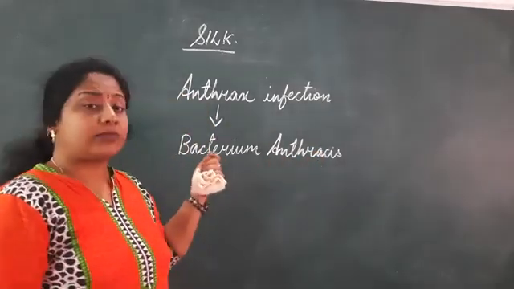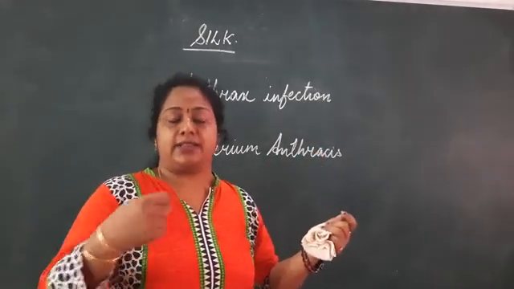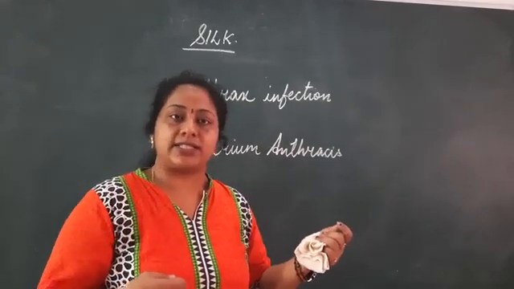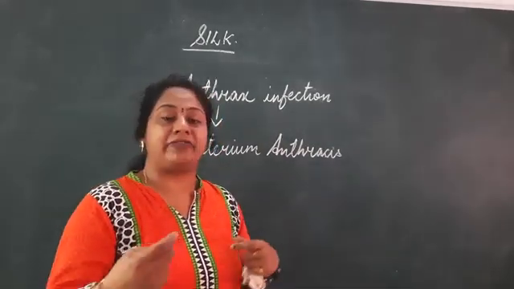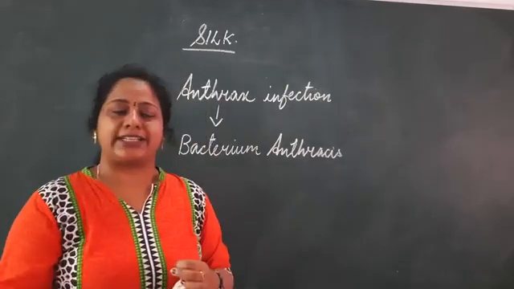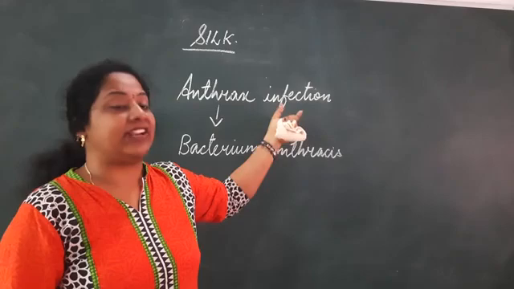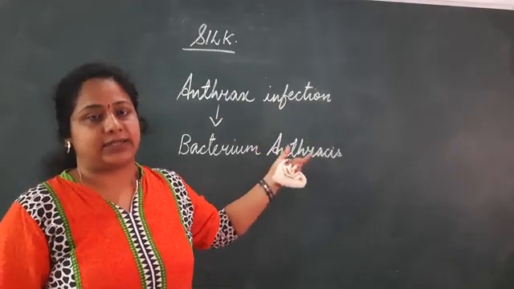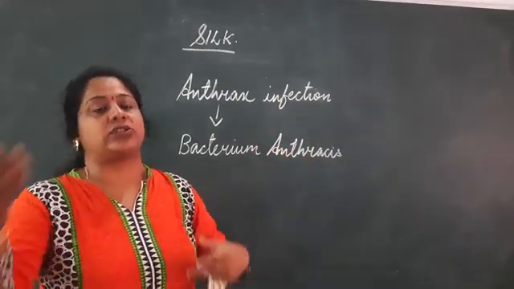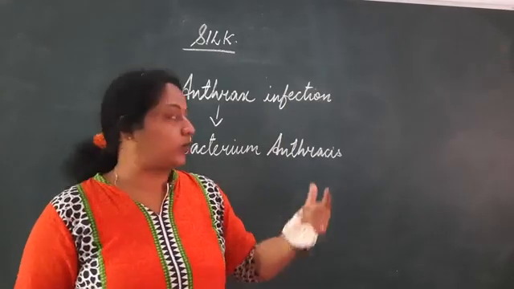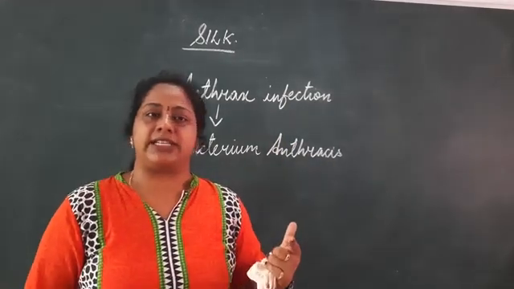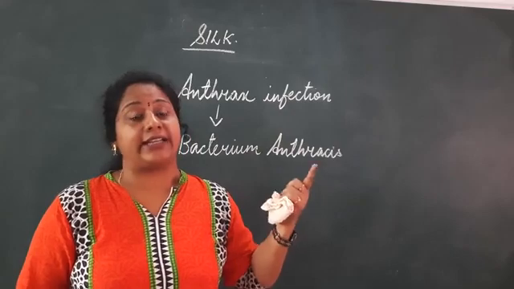So, when the workers are shearing that fleece, they get the infection. If the goat or the cattle or the sheep is suffering from anthrax, the workers will also get infected from the same disease. Okay, this is one kind of disease that the workers are getting.